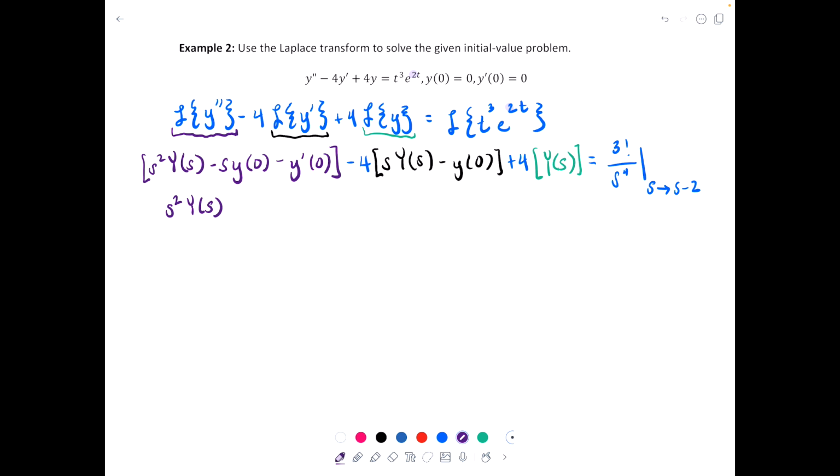We know that y at 0 is 0, so that will be minus s times 0. y prime at 0 is also 0, so minus another 0.